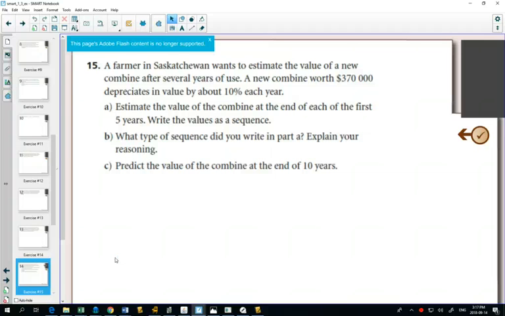I like this because I grew up on a farm in Saskatchewan, so it's got to be a good question already. Wants to estimate the value of a new combine after several years of use. Certain things that you buy become worth less and less as time goes on, right? Your nice new shiny iPhone 4 isn't so nice and shiny anymore.